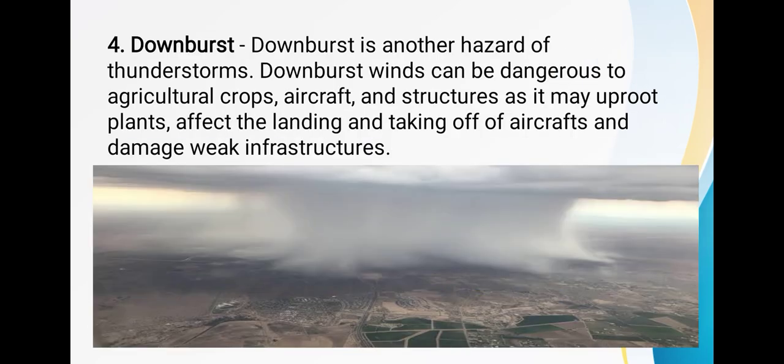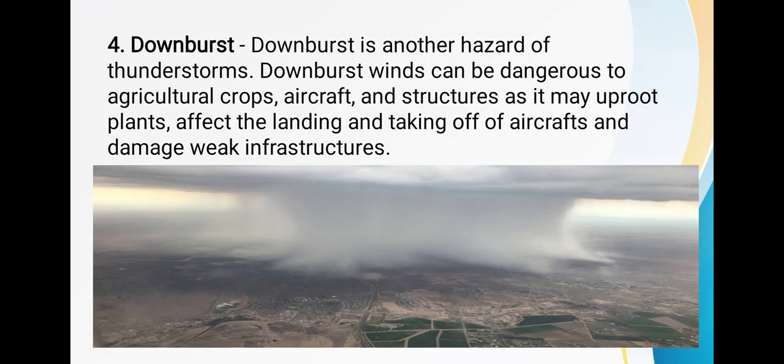Number 4 is the downburst. Downburst is another hazard of thunderstorm. Downburst winds can be dangerous to agricultural crops, aircrafts, and structures as they may uproot plants, affect the landing and taking off of aircrafts, and damage weak infrastructure.